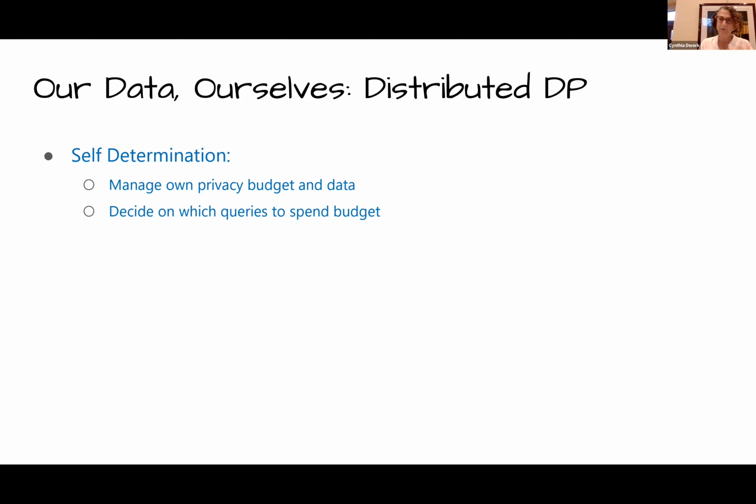And when requests for the use of her data would come along, she would decide whether she wanted to spend her privacy budget on these. So she might love to do medical research and allow her data to be used for medical research, but she might not want to participate in certain kinds of things.